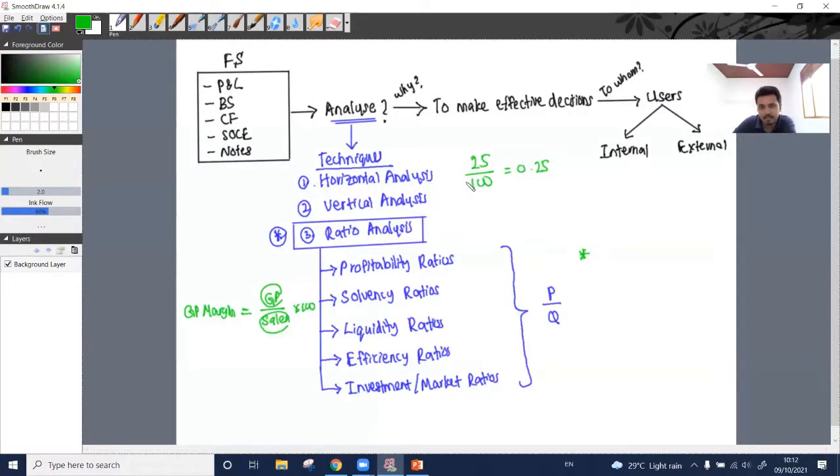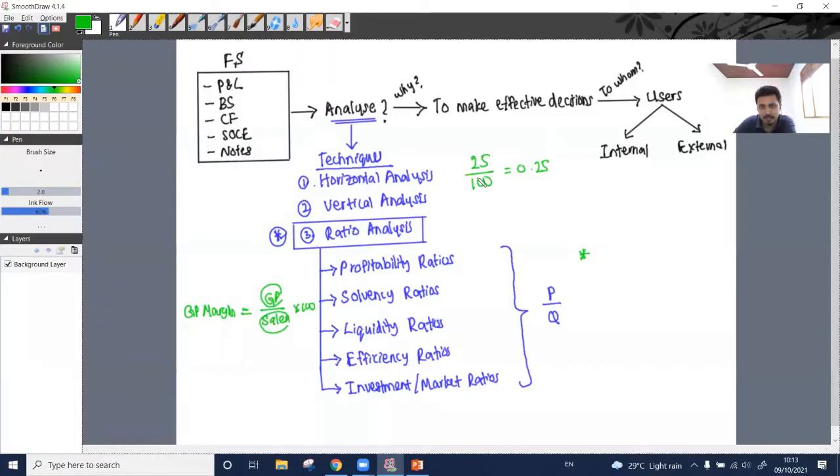One option is to keep the denominator constant and increase the numerator. If I make the numerator 30, 35, 40 while my denominator value remains as it is, what will happen? The ratio value will improve.